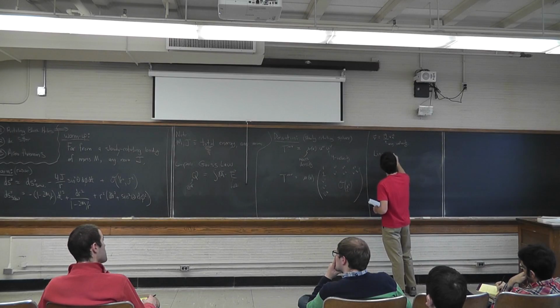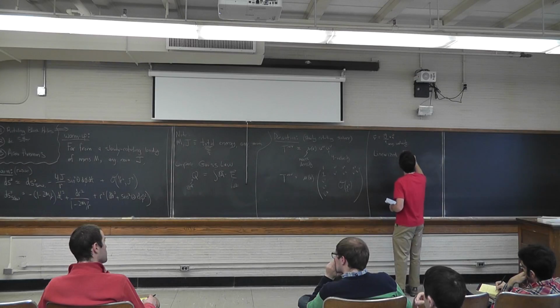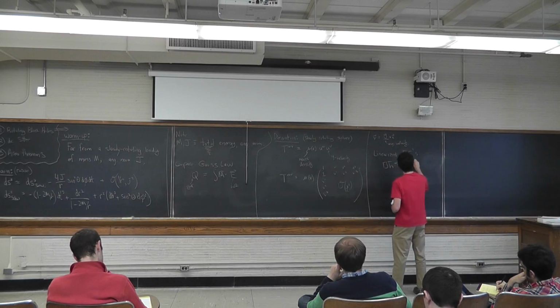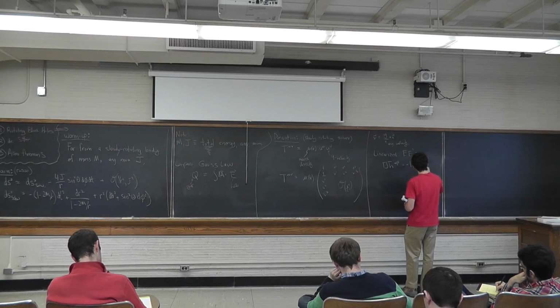Linearized Einstein equations: box h bar alpha beta equals minus 16 pi T alpha beta.